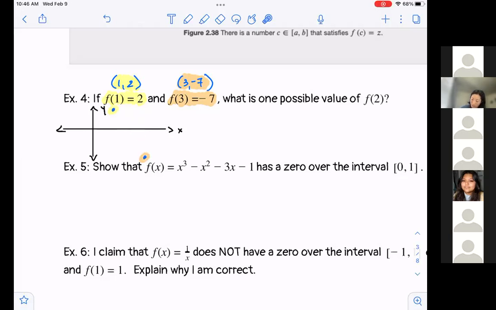If I did a curve the other way, cross the x-axis. If I did that crazier one where I went up and then I came down, cross the x-axis. Every single possible way that I could connect 1, 2 to 3, -7, I have to cross the x-axis.